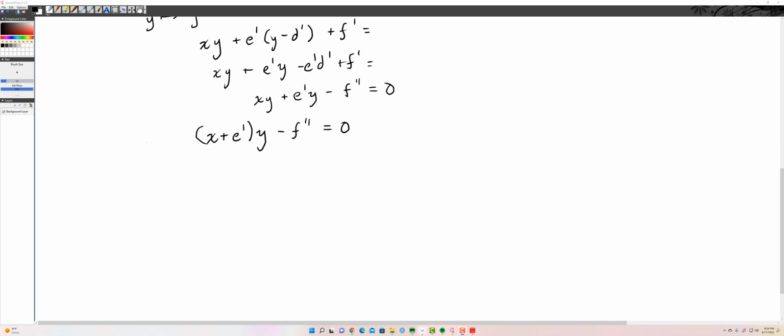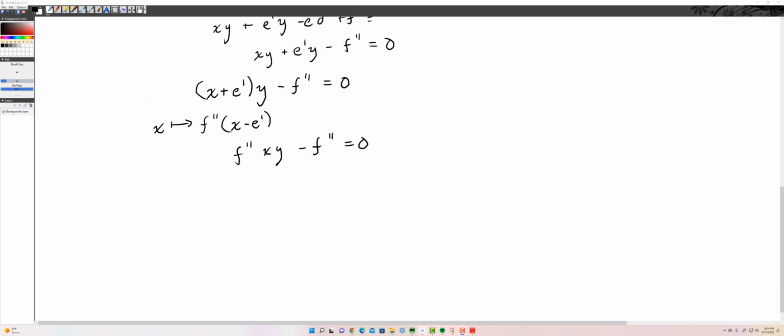I'm now going to factor out a y from these two terms. And I'm now going to make my final linear transformation of x, where I send x to f prime prime x minus e prime. I now divide through by f prime prime, and I'm left with my final product.